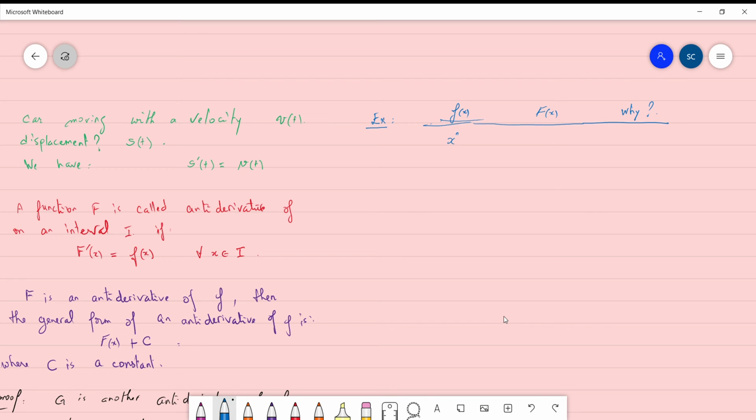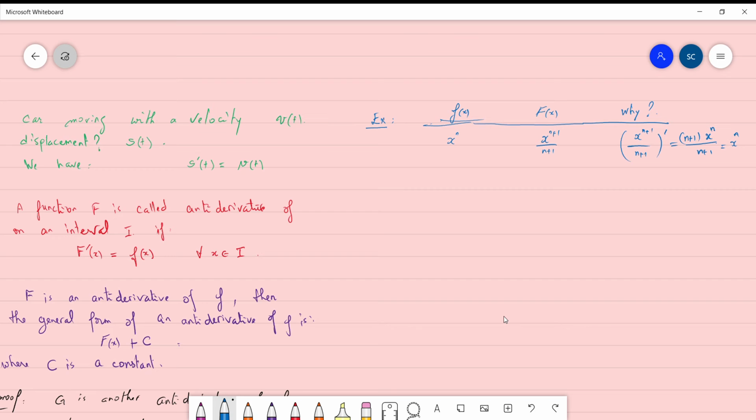If you have x squared, we know x cubed over 3 is an antiderivative, because if you derive it, you get x squared. So for x to the n, it will be x to the n plus 1 over n plus 1, because if you derive it, you get n plus 1 times x to the n, you reduce the power by 1, and then simplify to get your function.